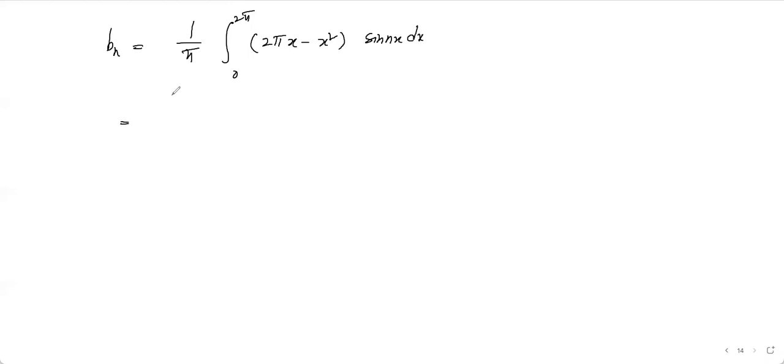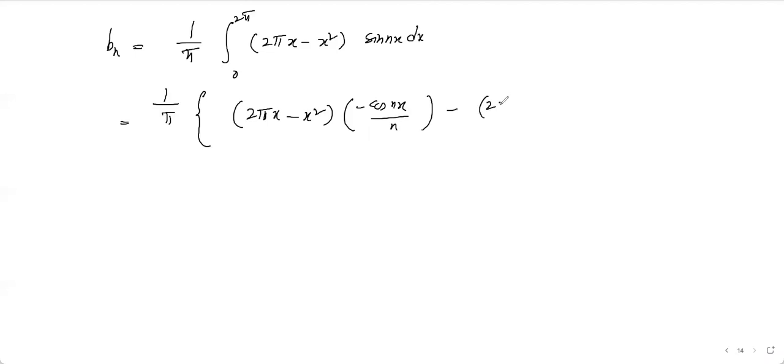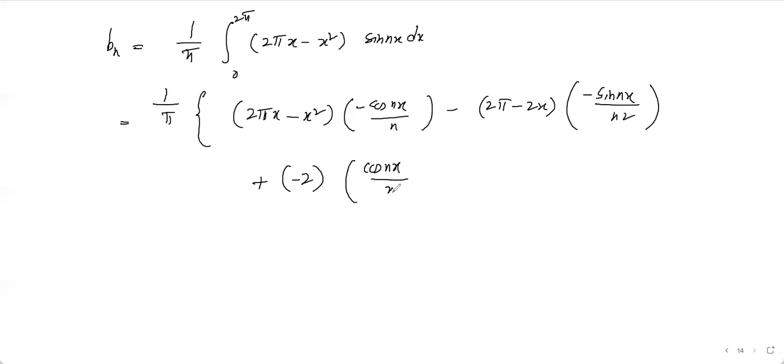Now this is 1 by pi, 2 pi x minus x square and minus cos nx by n, minus 2 pi minus 2x, integrating by parts, so minus sine nx by n square, plus minus of 2 and cos nx by n cube, with respect to 0 to 2 pi.